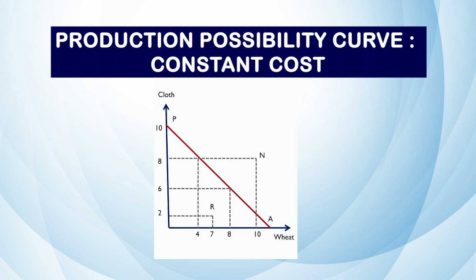On the other hand, this country can produce, say, this A is signifying 15, so 15 units of wheat at max. At max means what? The entire resource is used either on wheat or on cloth. If that happens, then the maximum of 10 cloths or 15 wheats I can produce.